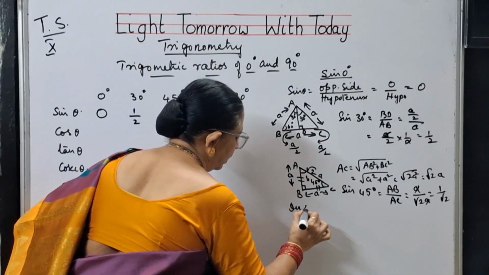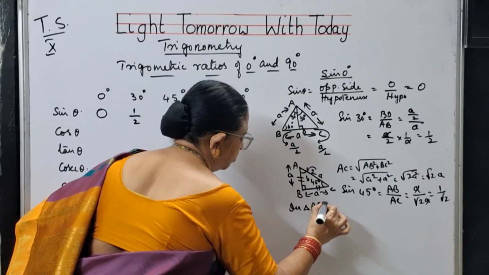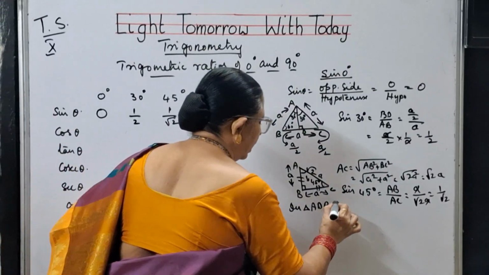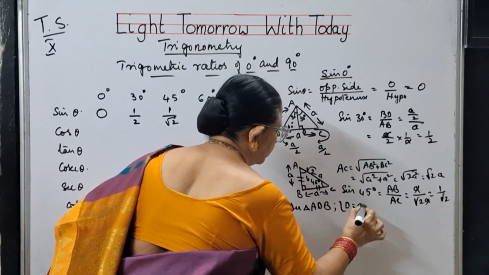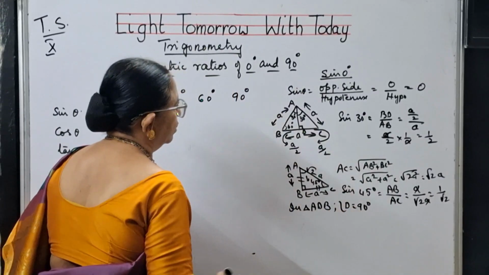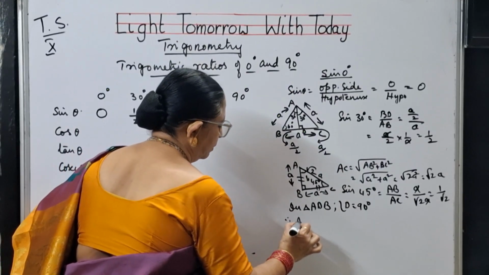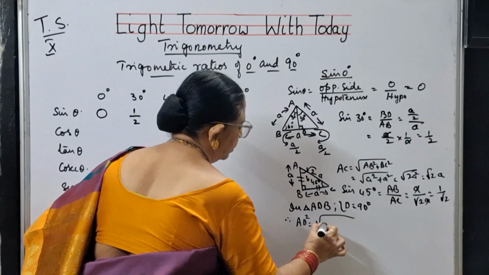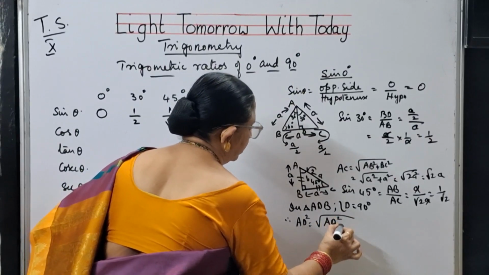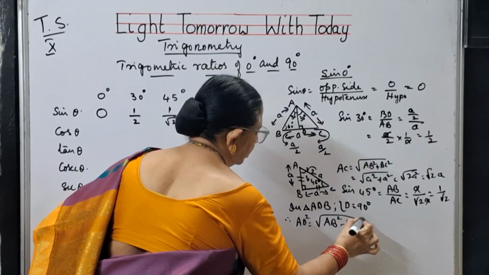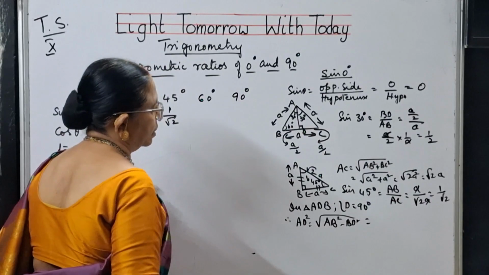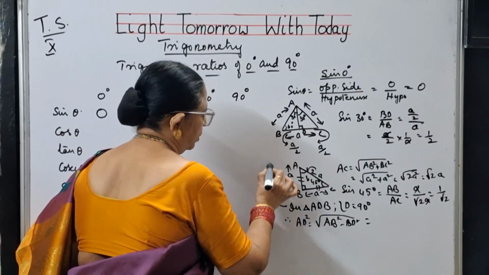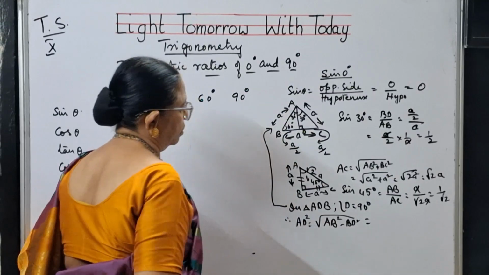So in triangle ADB, in this figure, children, angle D is equal to 90 degrees. Therefore, what is AD square? AD is root of AB square minus BD square. This whole explanation is for this figure.